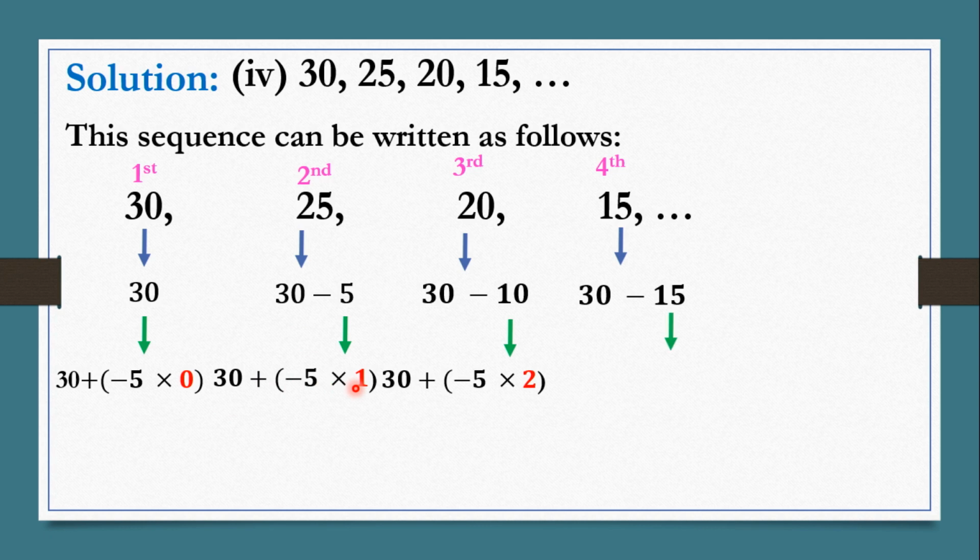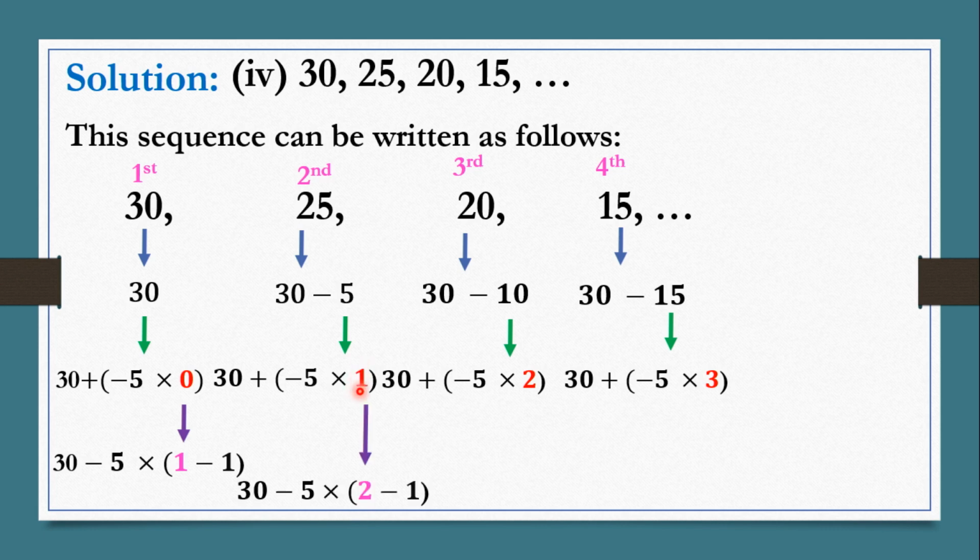The minus 15 can be written as minus 5 times 3. Now, the 0 can be written as 1 minus 1. The 1 here can be written as 2 minus 1. The 2 here can be written as 3 minus 1. And the 3 here can be written as 4 minus 1.